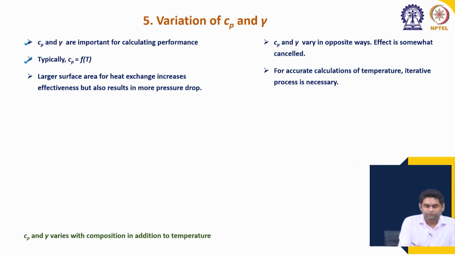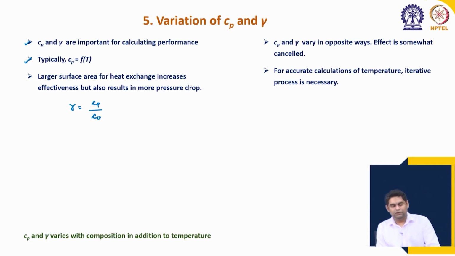Now, gamma, which is the ratio of specific heats, Cp by Cv, is also dependent on the composition. Cp depends on composition, and gamma also depends on composition.